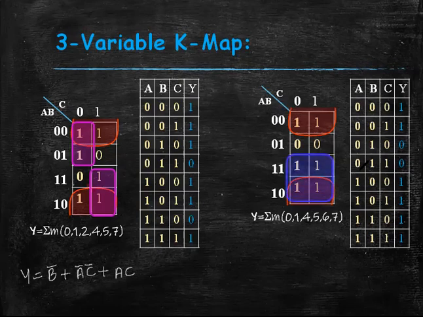Then the result can be written as y is equal to, for the blue quad, the result is A. Okay, A plus, and for the red quad, it is B bar.